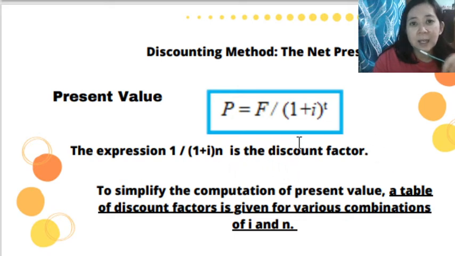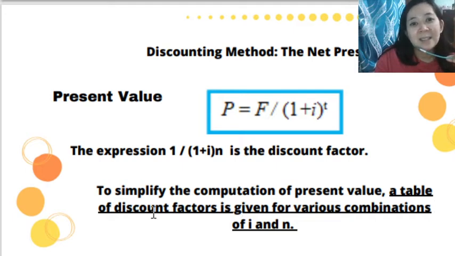To simplify the computation of your future and present value, there is actually a table provided.